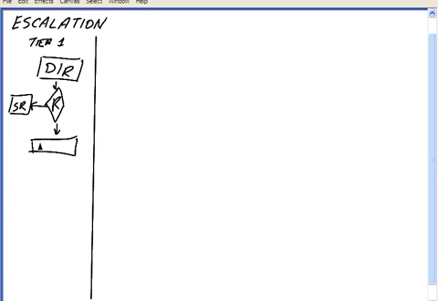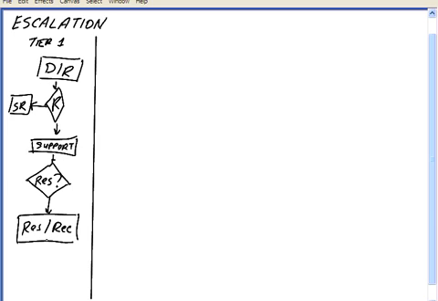I'll jot in here support, and that's our service desk staff. The next question is, was that staff member able to resolve it? If the answer is yes, then we go to the next step, which is resolution recovery.